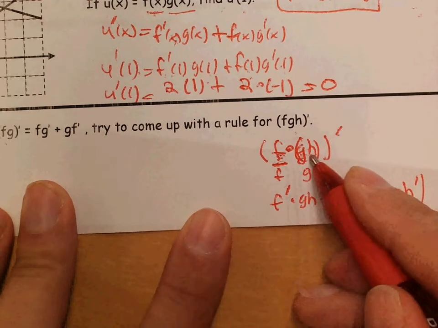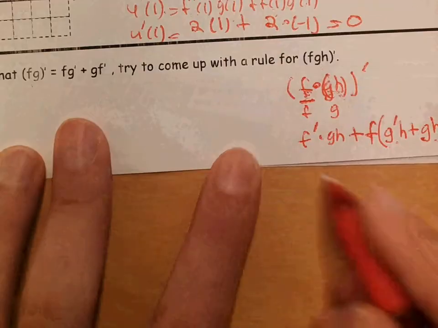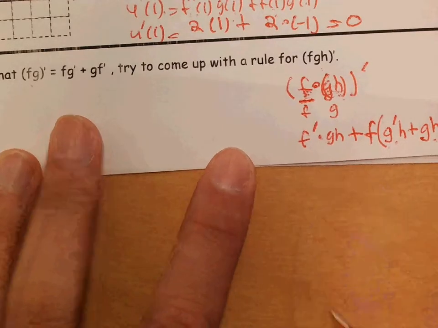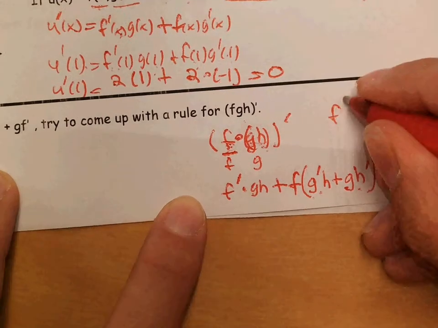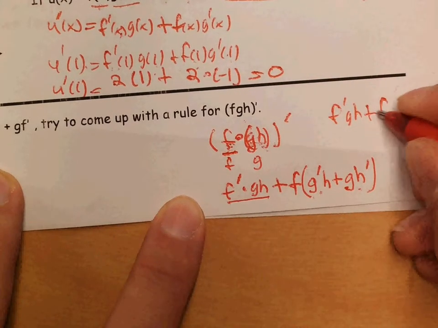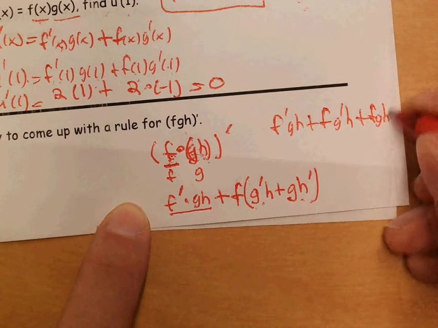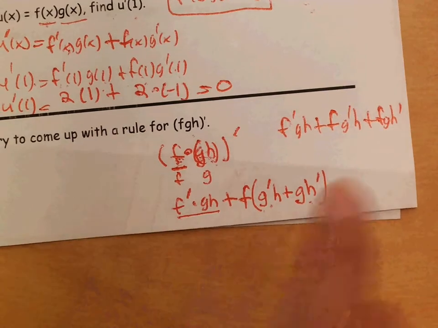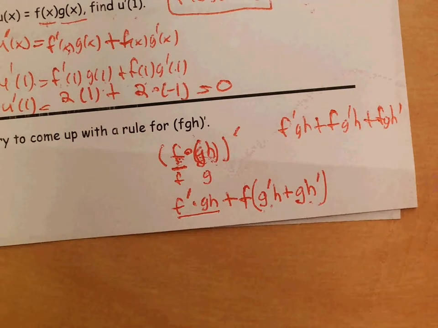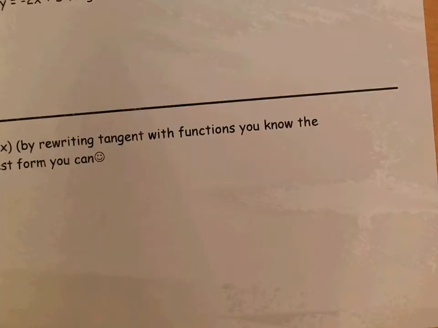So this really needed to go in parentheses so that the f multiplies by the entire derivative of gh, not just times the first part. We can simplify this and get f prime gh, that's from this first part, plus f g prime h plus f g h prime. That is our product rule when you have three things multiplying. We're not going to use this all as often. I would just split it up into a product of a product when you need to.